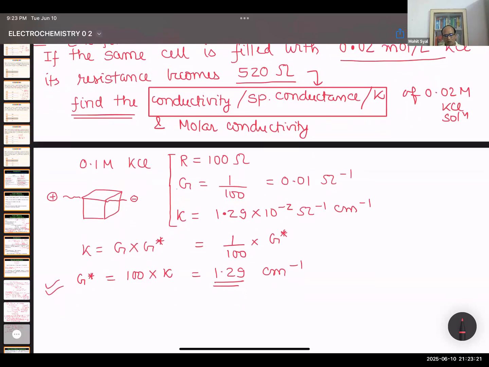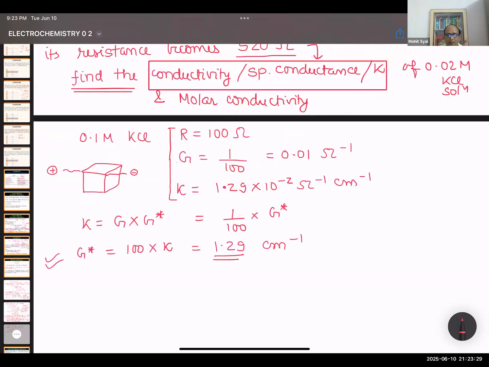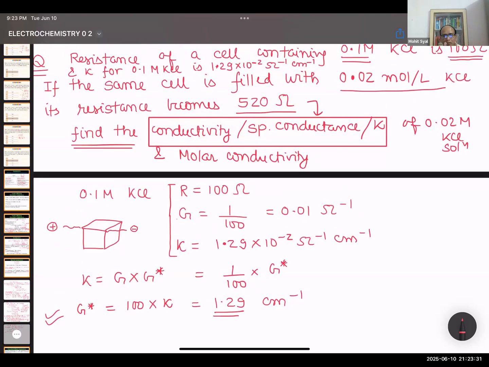Now the cell constant we are going to use for the other solution. The cell constant is going to remain the same because the cell is the same, only the solution has changed. So this continues for 0.02 molar KCl. For 0.02 molar, the resistance is 520 ohm.